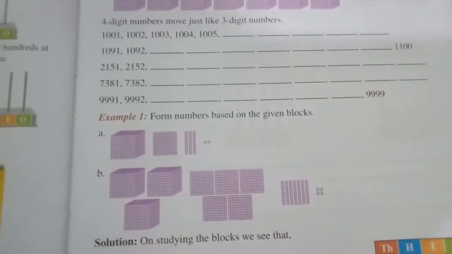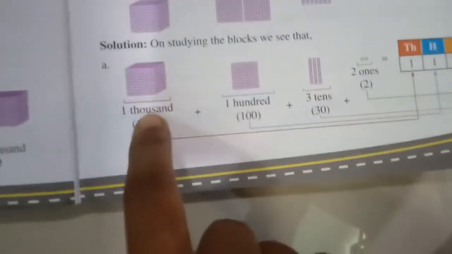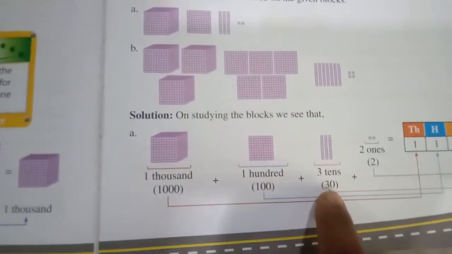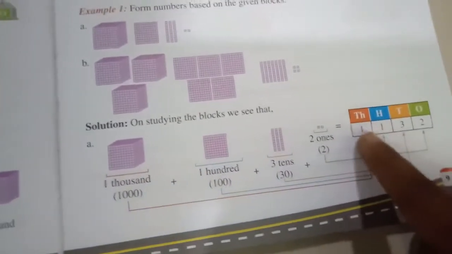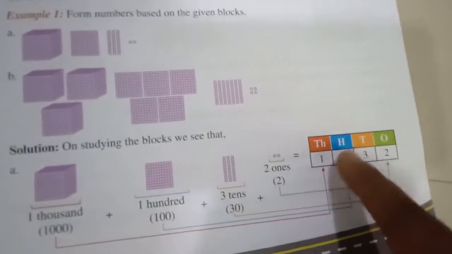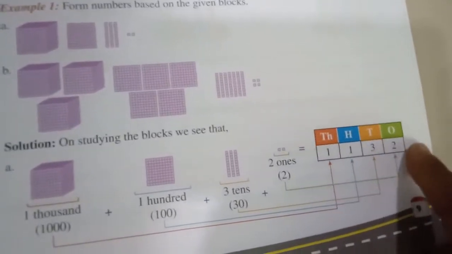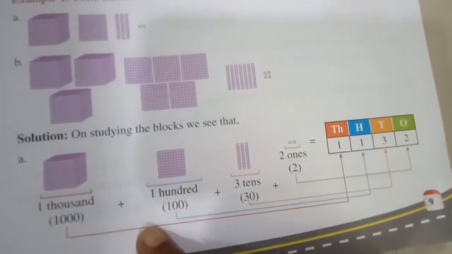What will the answer be? Solution. See, 1000, 100, 3 tens, 30, 2. Okay, see what the answer is. 1132 is the answer. Understood, children?